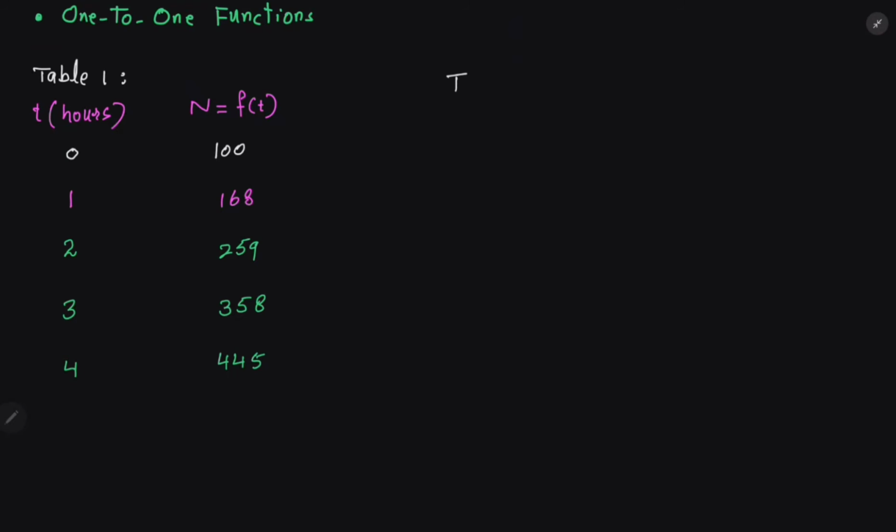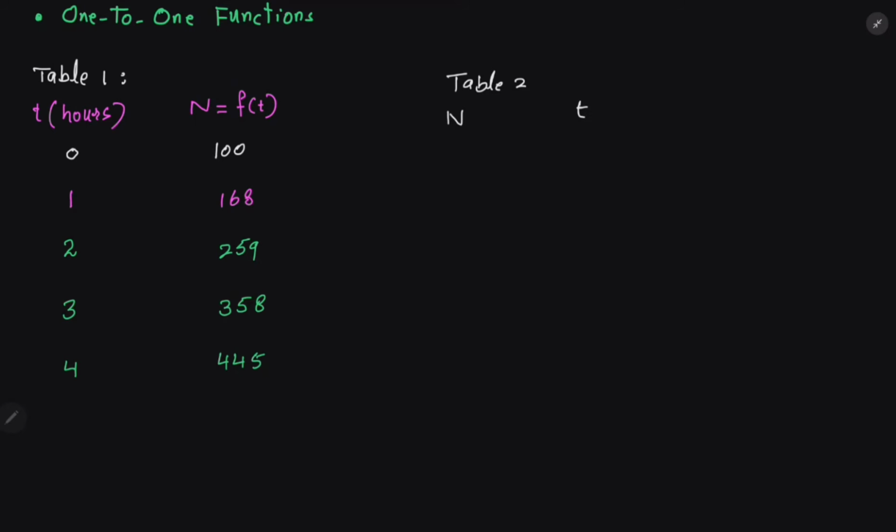Now just change a perspective and draw another table. Suppose we have a table 2, and instead of finding out the time first, we interchange the value of capital N and the small t. So the first column will become capital N, which is a population of bacteria, and the time t.